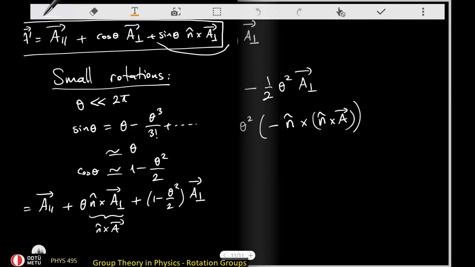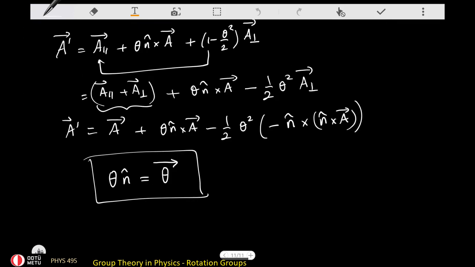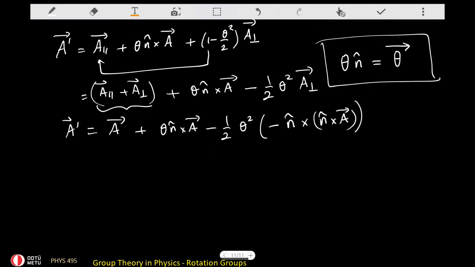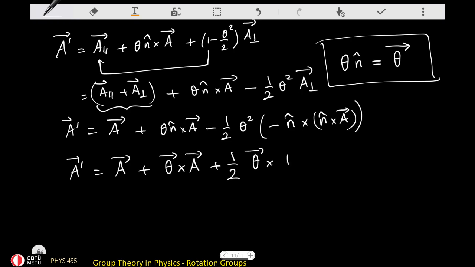And one place where it appears that this kind of a definition is useful is this formula. So let me take this out and move it somewhere in here. All right, so that's in the corner. So you can see that in that case, the rotated vector is A plus this theta vector that I have just defined, cross A. There were these minus minus, which gives us plus, so that's 1/2 of theta cross A. And then there are these higher order terms.